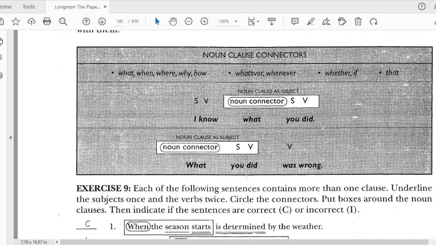Whatever, whenever, what if, that. So, noun clause. I know what you did. What you did was wrong.